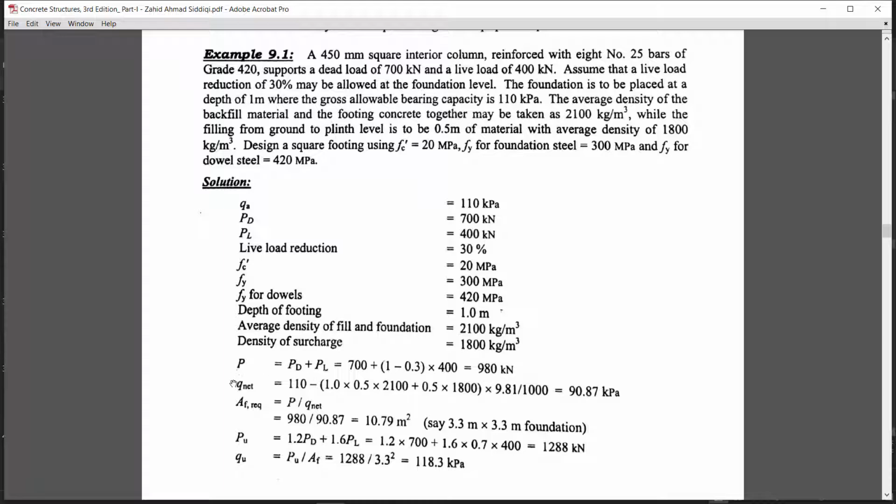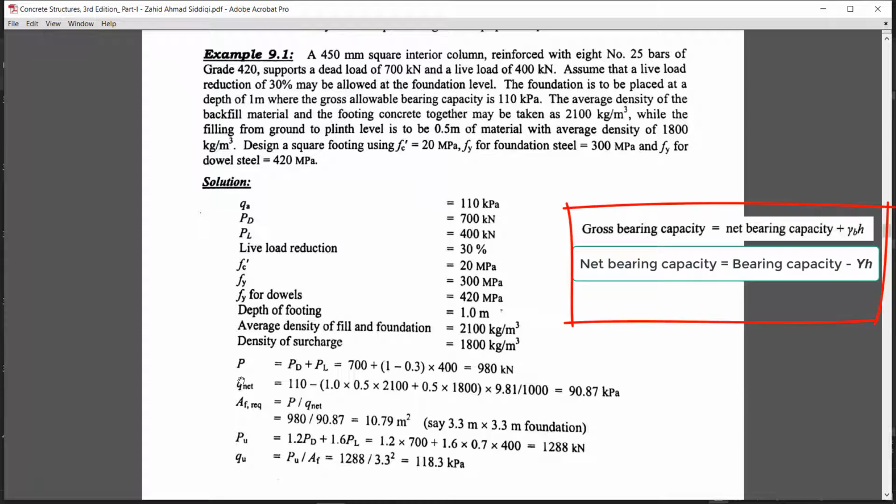So we calculate the required footing size based on unfactored load that I have discussed in the slides. Now to calculate the Q net, that is the net bearing capacity at the level where the footing will be placed. So our footing is placed at 1 meter below.